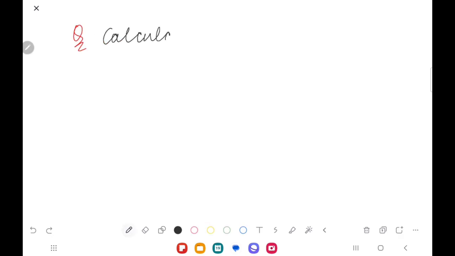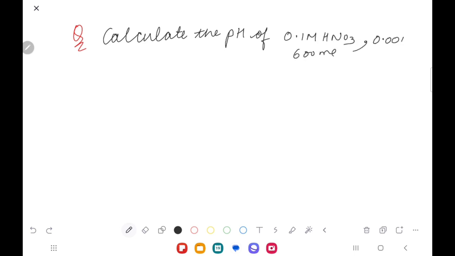Calculate the pH of 0.1 molar HNO3, 600 ml, 0.001 molar H2SO4, 800 ml, and H3PO4.